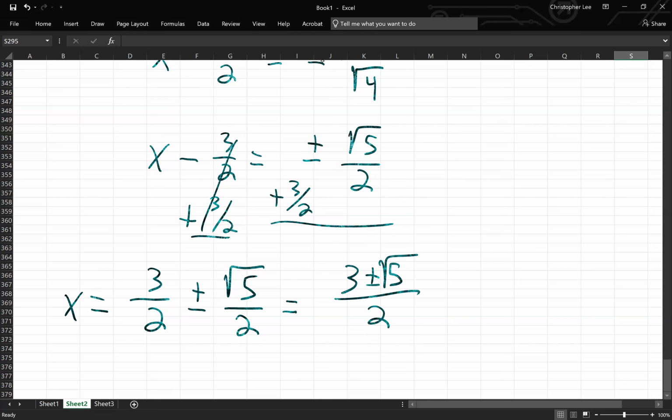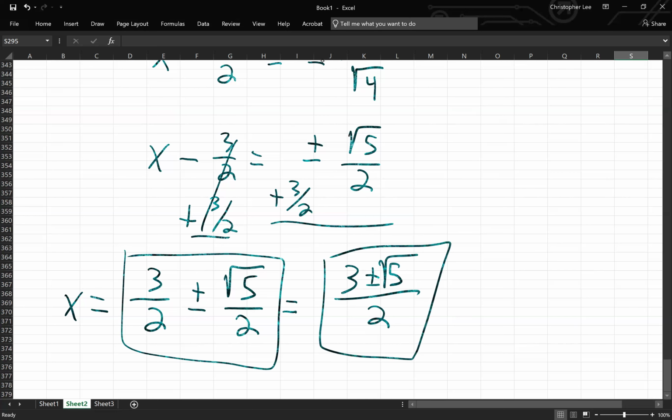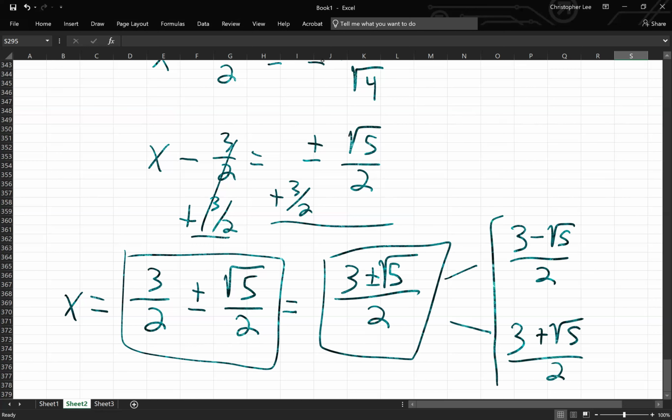So I would accept this answer. I would accept this answer. I will even accept it separate. If you want to give me 3 minus √5/2, and you want to give me 3 plus √5/2, I will take this answer as well.